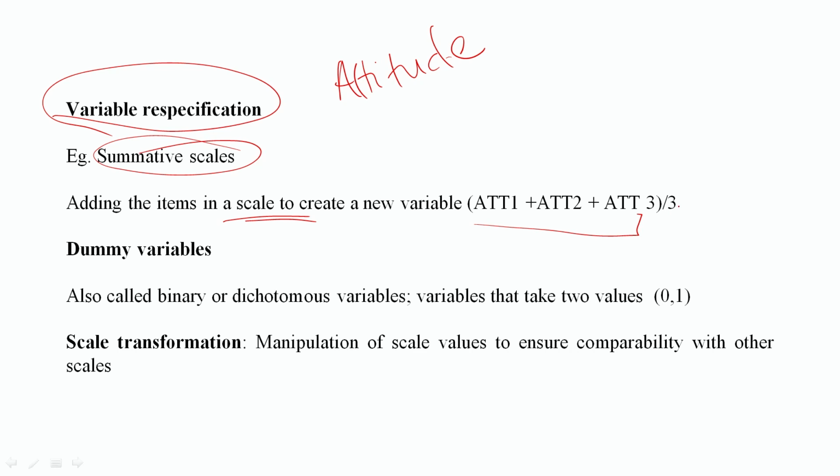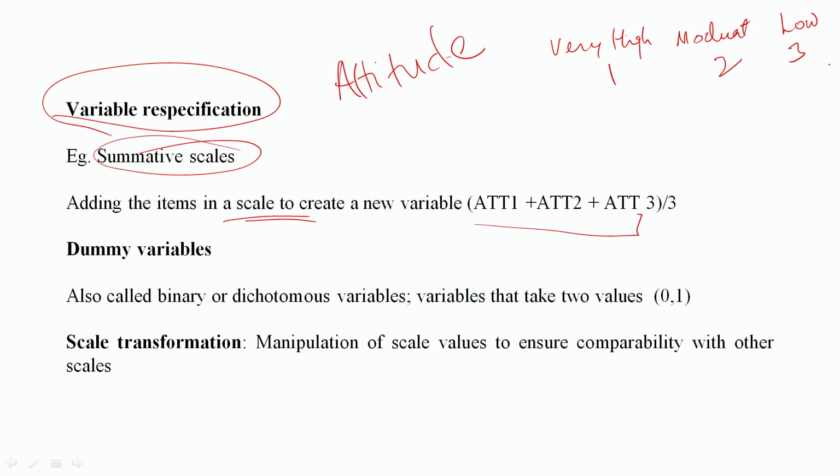For example, attitude towards food: very high, moderate, low. You can put the numbers 1, 2 or 3. Next, attitude towards shopping, similarly very high, moderate or low.